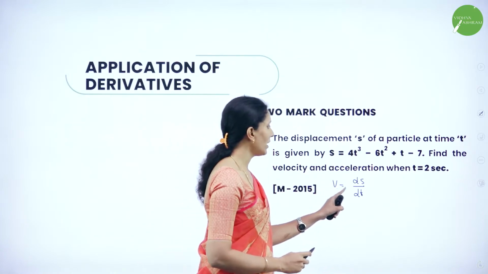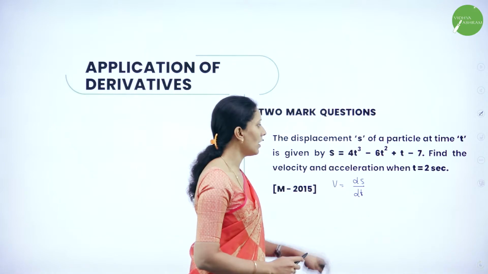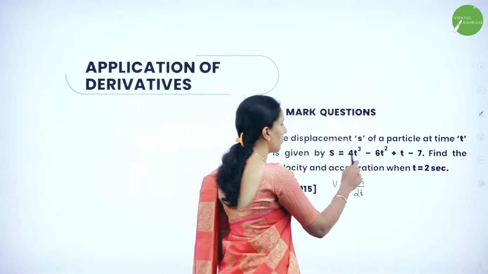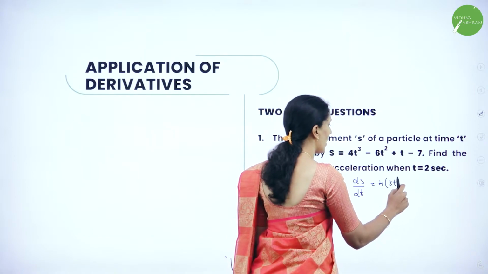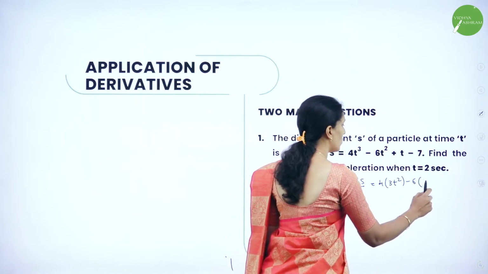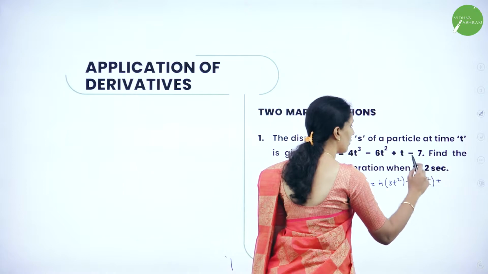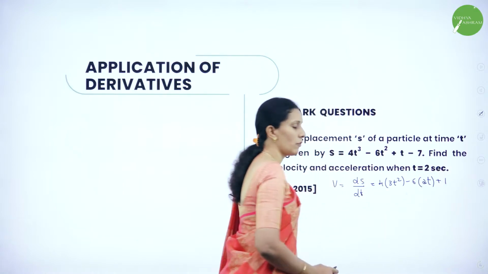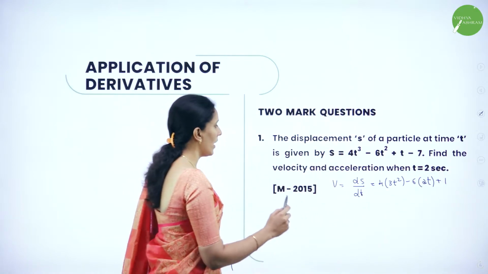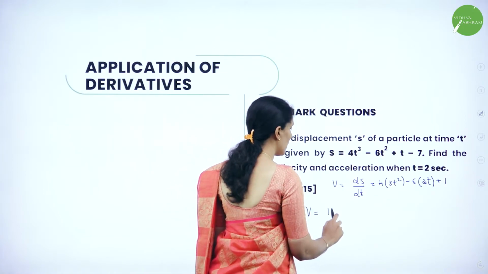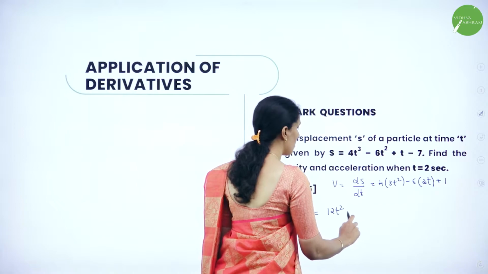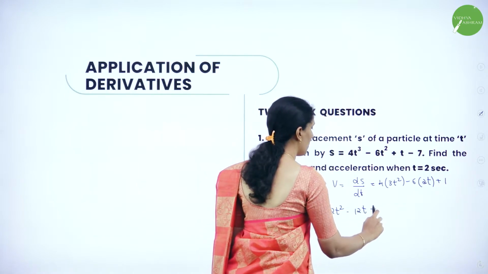So therefore, to find the velocity, we need to derive the given function. So if you derive this function, it is 4 into 3t square minus 6 into 2t plus derivative of t is 1 and derivative of a constant is 0. Hence, we get velocity is equal to 4 3s are 12t square minus 12t plus 1.